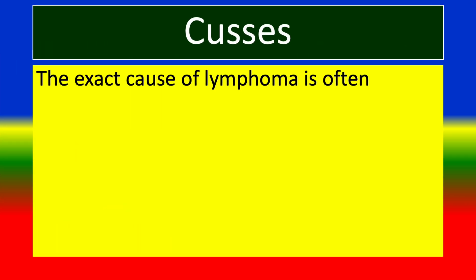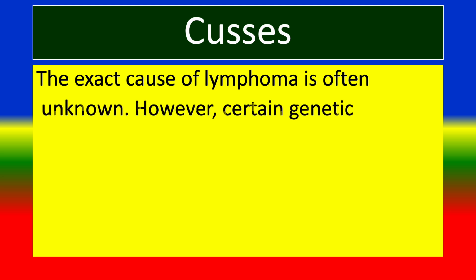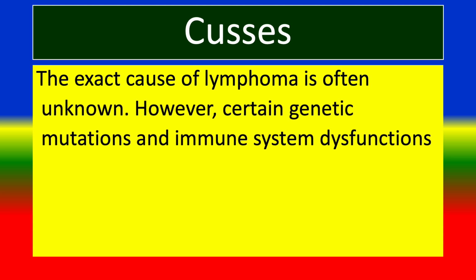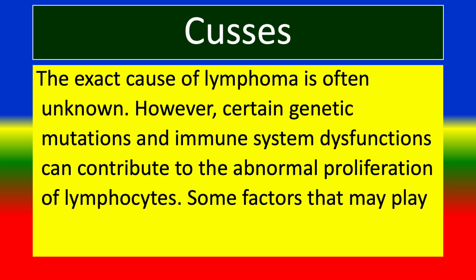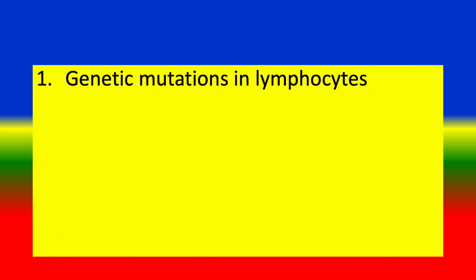Causes. The exact cause of lymphoma is often unknown. However, certain genetic mutations and immune system dysfunctions can contribute to the abnormal proliferation of lymphocytes. Some factors that may play a role include: 1.